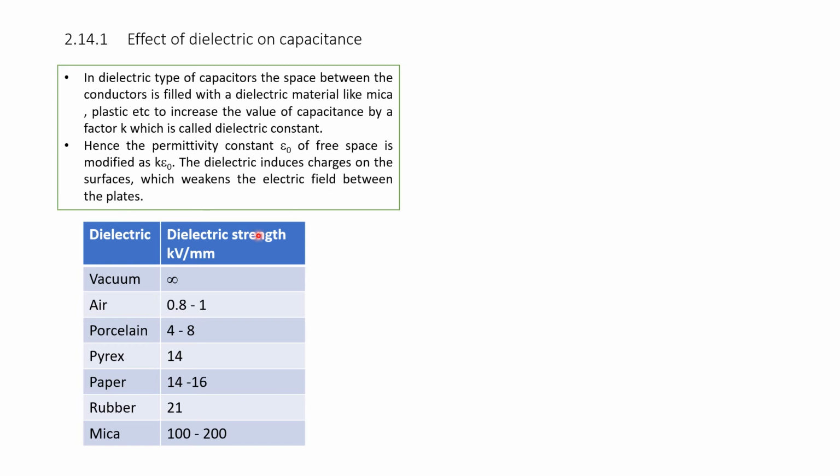We have different types of dielectric material: vacuum, air, porcelain, pyrex, paper, rubber, and mica are some of the dielectric materials.